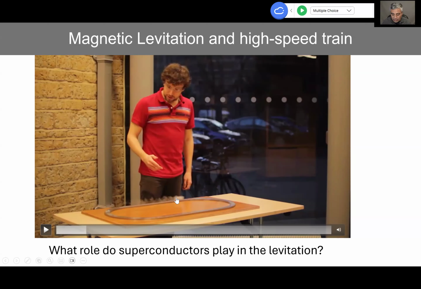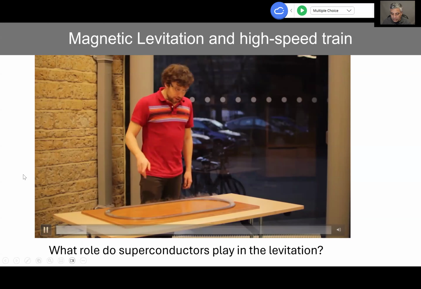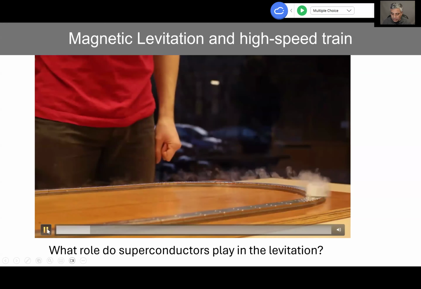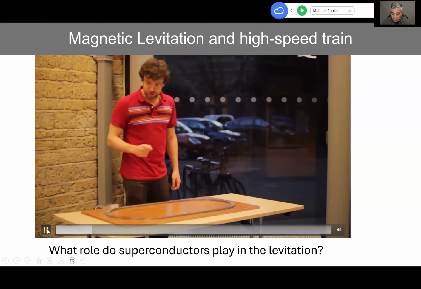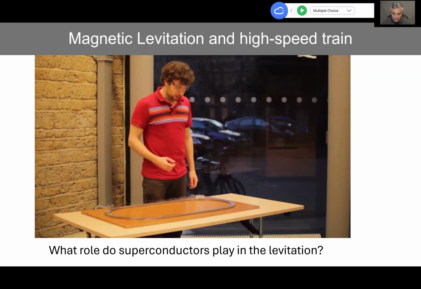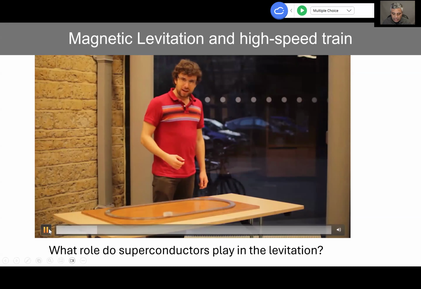First you put that in liquid nitrogen so that it becomes a superconductor. Now what happens is this object can just keep going. There's not much resistance there, no friction, because it's not touching the track. And why can it do that? Because it's a superconducting material.